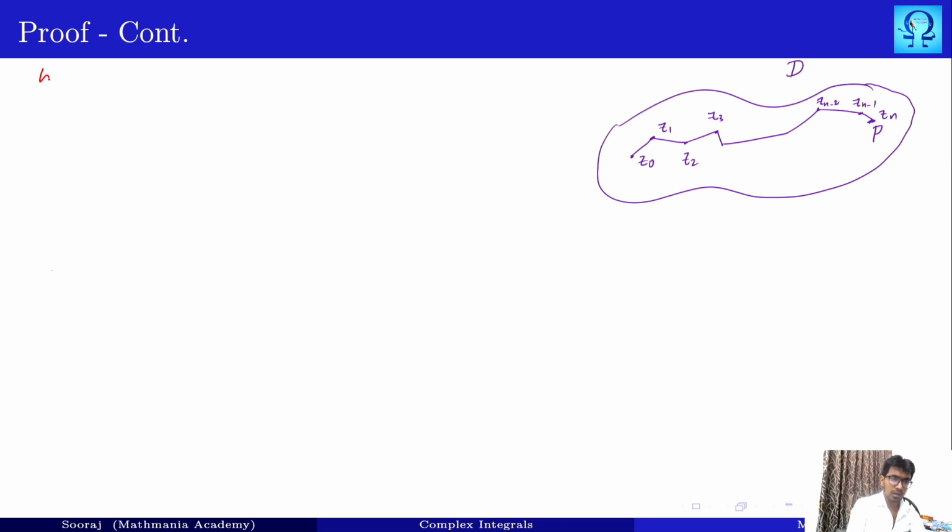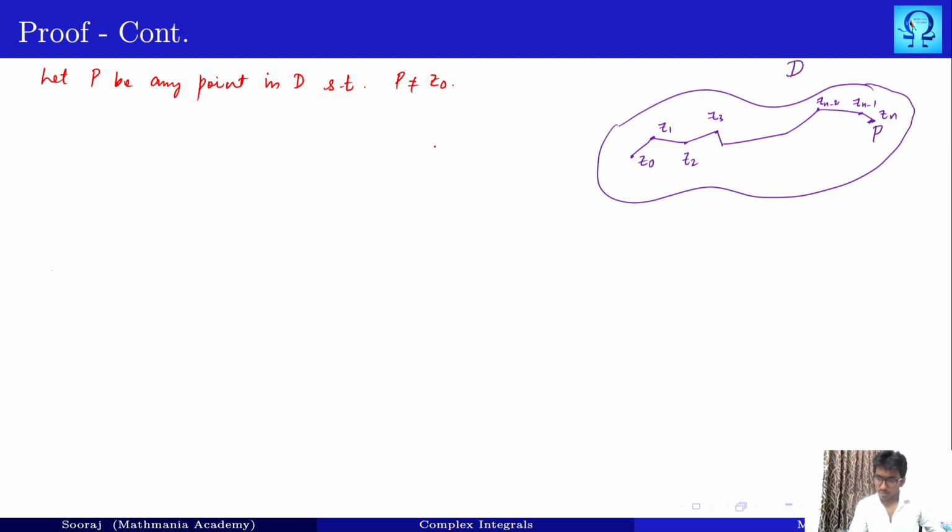Let P be any point in D such that P is not equal to z naught. This is the point that we are taking.